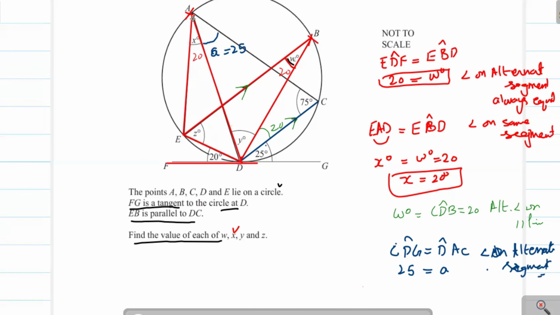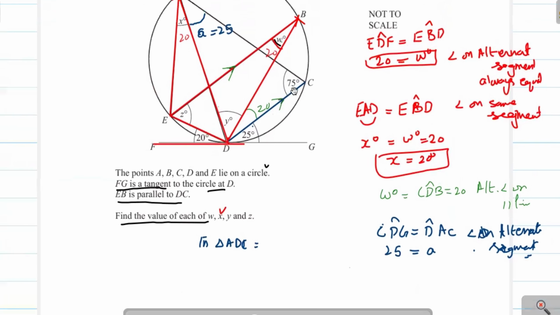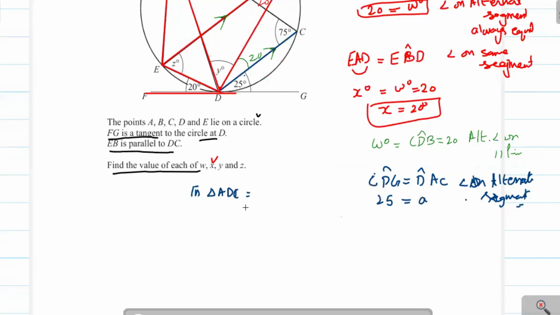And you see here this is the triangle ADC. In this triangle ADC, the interior angles are 75, 25, this angle Y, and 20. The sum of the interior angles of a triangle is 180.